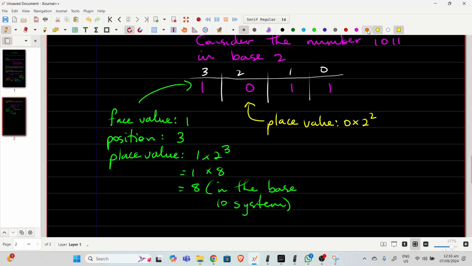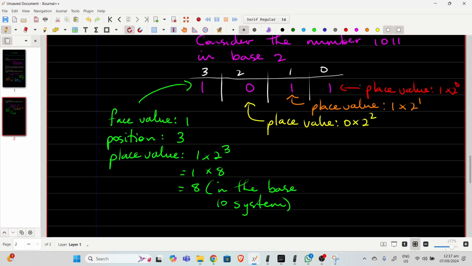The place value of this one is 1 times 2 to the 1, and the place value of this one will be 1 times 2 to the 0.